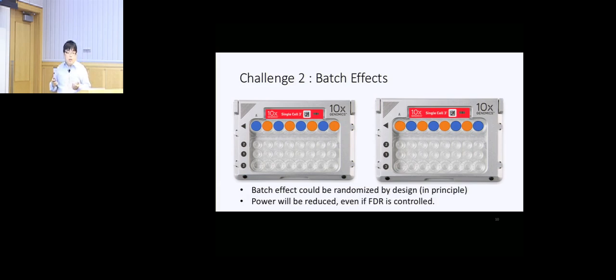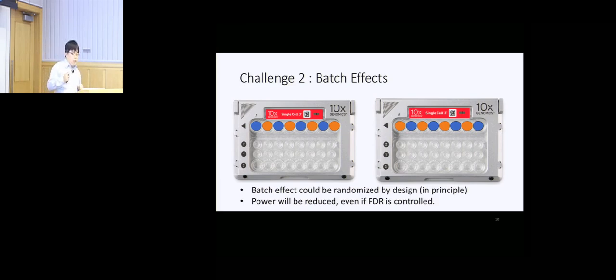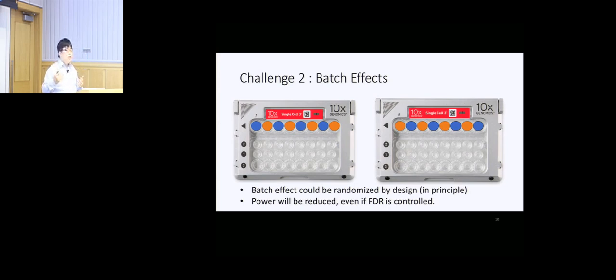So a better thing is to do a matched assignment between the case and control. You can think about doing it by well, but each well itself is also a batch, so you still have some sort of batch effect, although the batch effect is somewhat randomized, that will reduce the power of your study.